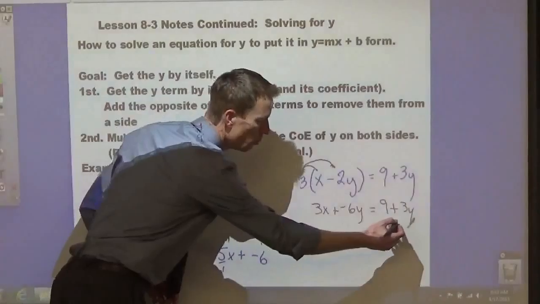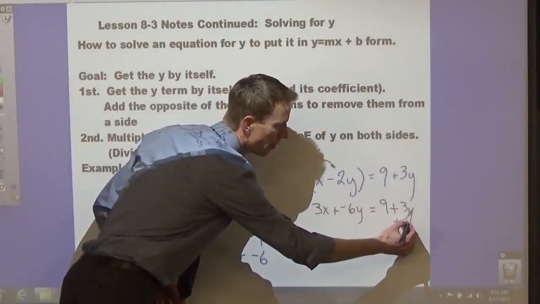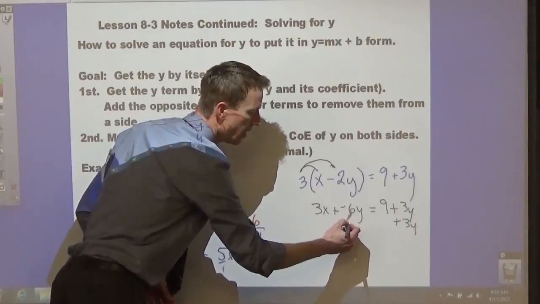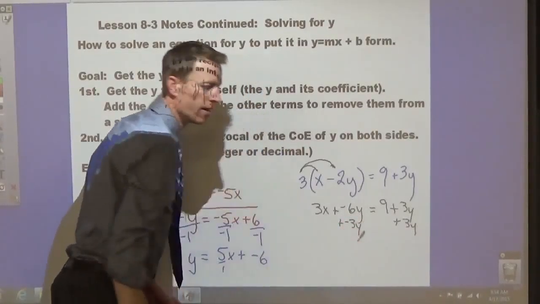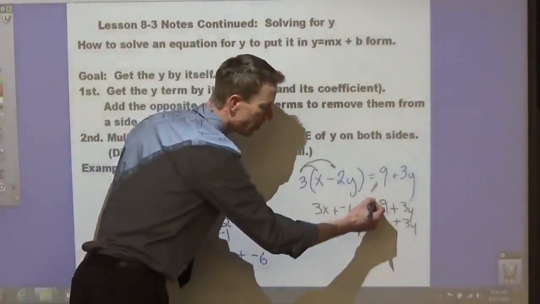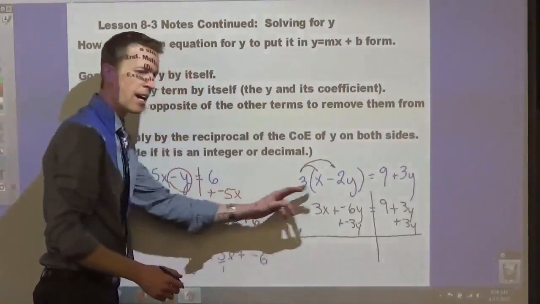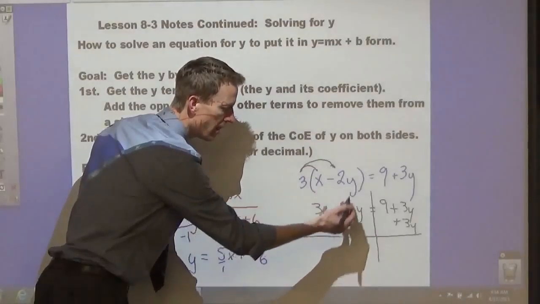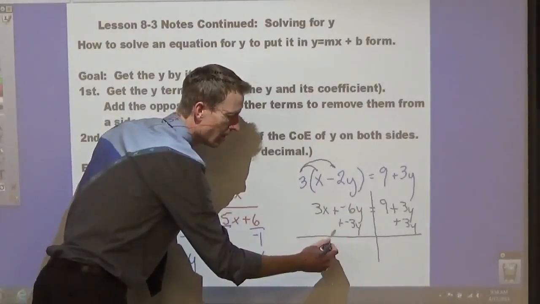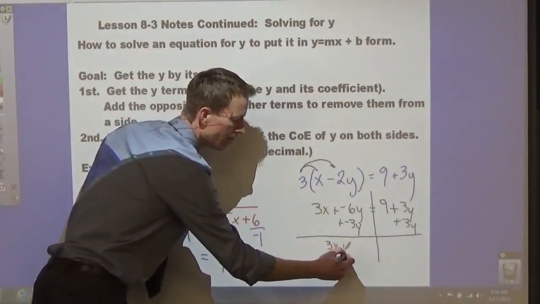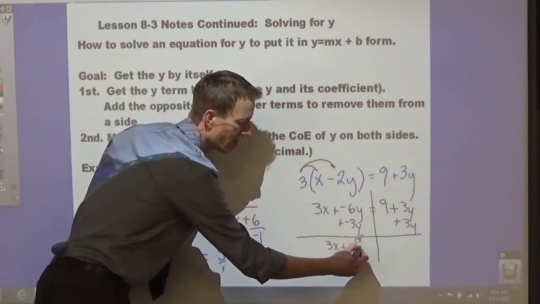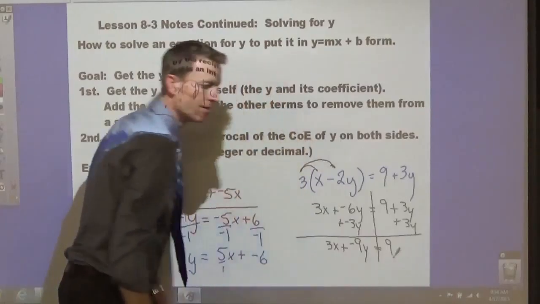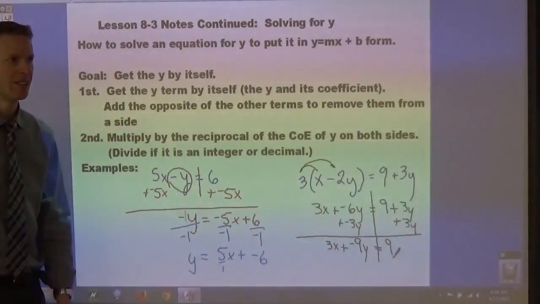So let's get rid of the 3y on this side and add negative 3y on this side. Just add this side. That's 3x equals 9 plus 0.